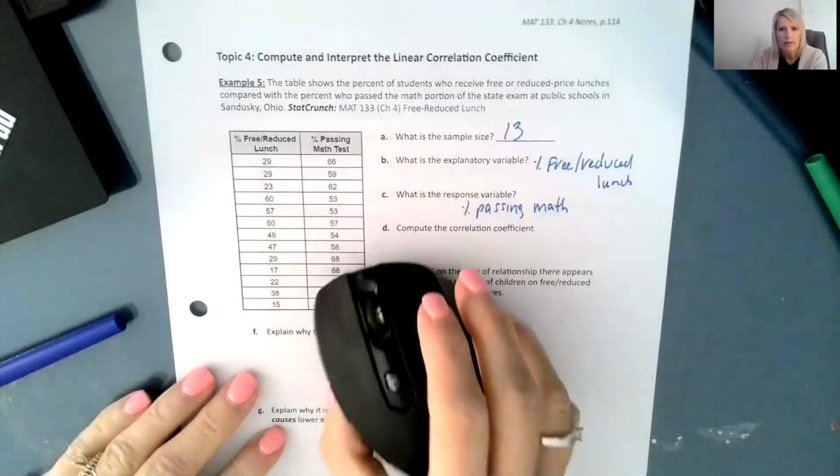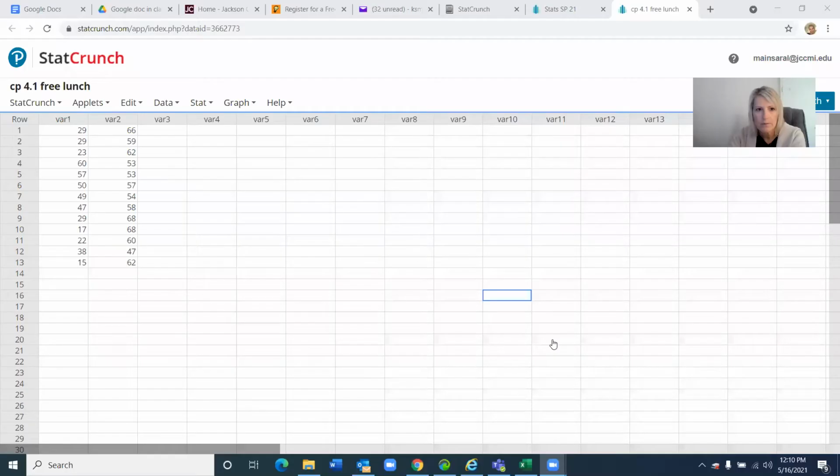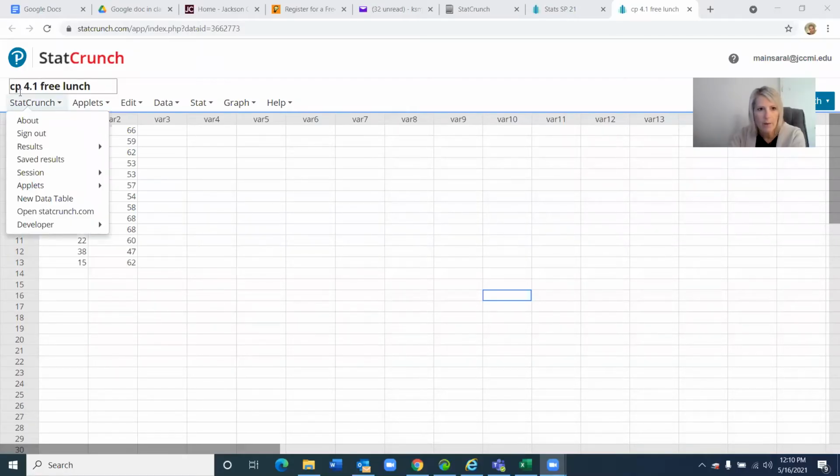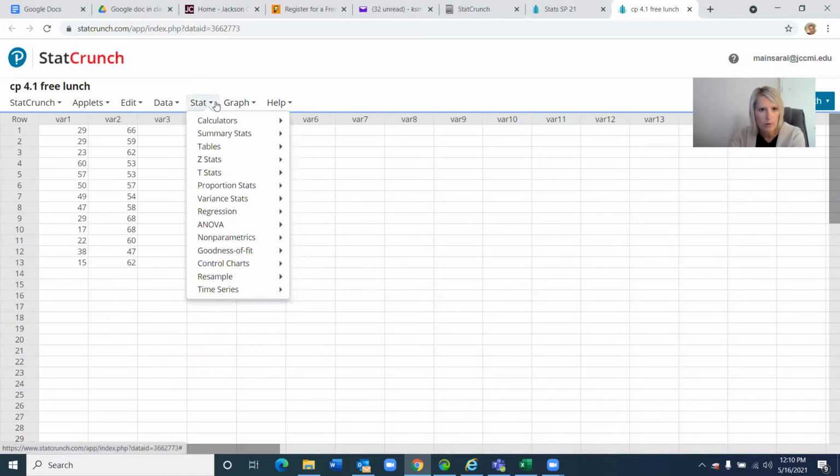It's interesting. So let's go ahead and go to our StatCrunch. In our class, it's called CP 4.1 free lunch, for course pack 4.1. So here we are, and it says compute the correlation coefficient. To do that, we're going to go to Stat, down to Regression, and Simple Linear.